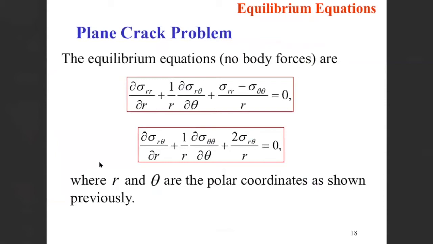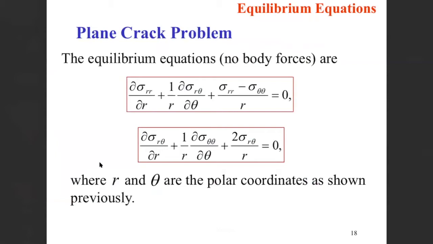This here is the r direction. The tangent to this is the theta direction. And then a shear in this plane is the r theta or theta r. So for any theta we pick, we can define the direction given by the radius and the tangent. That's just the nomenclature for the stresses in polar coordinates.